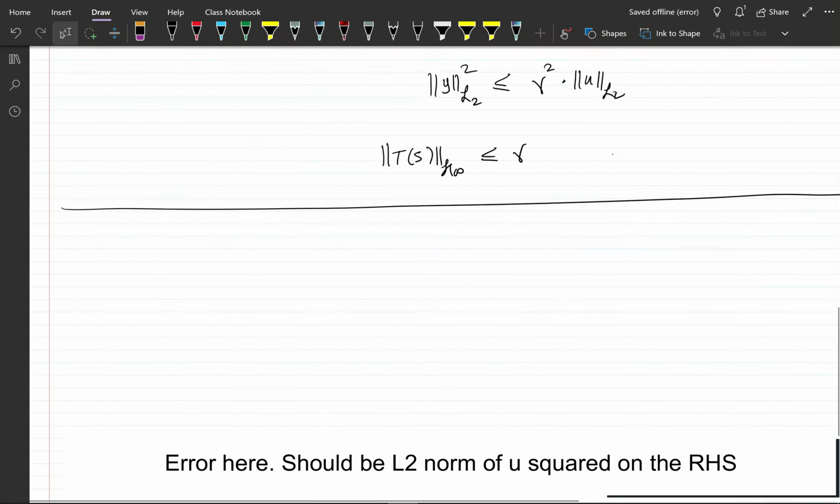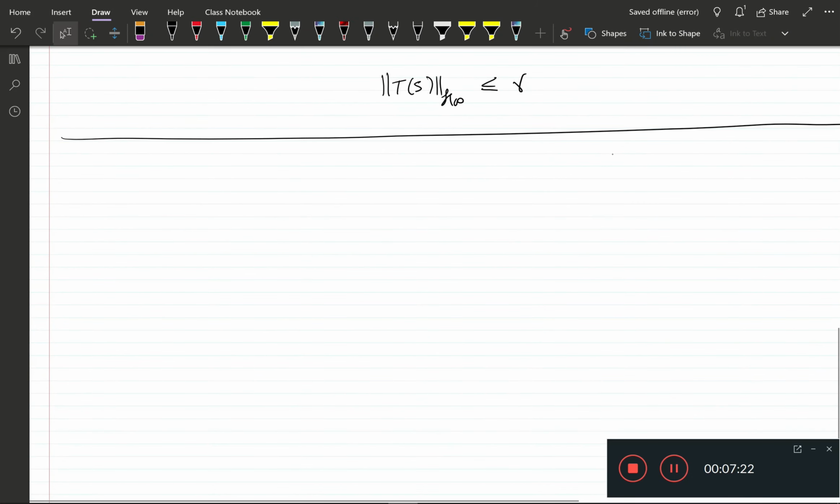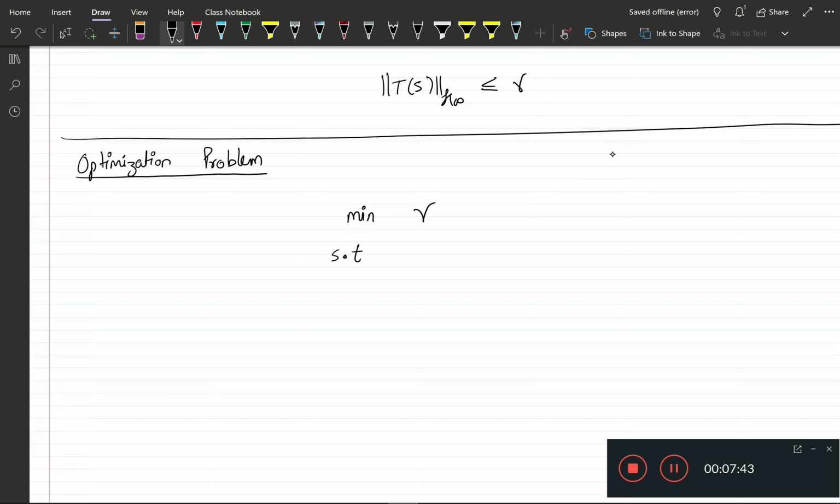So once we have this linear matrix inequality, we can solve the following optimization problem. Minimize gamma subject to P positive definite and f of P comma gamma negative definite.